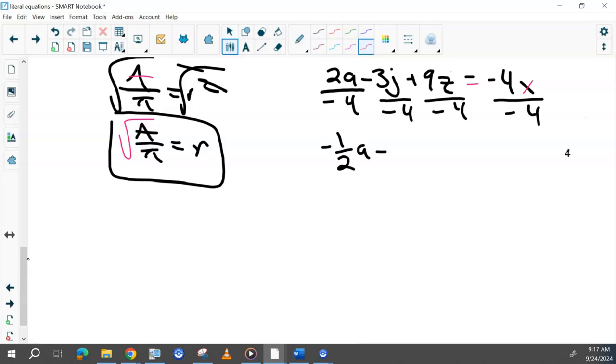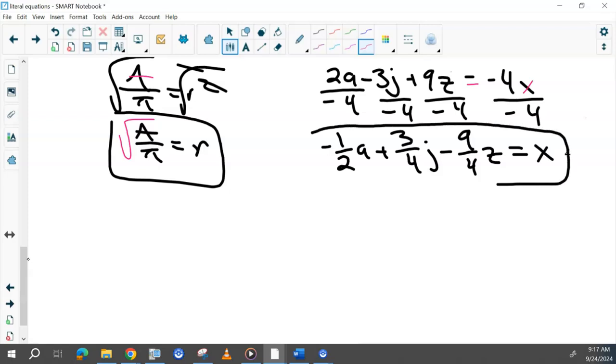This would become a positive 3/4 J. This would become a negative 9/4 Z equals X. There were only 2 steps. It's just a lot of fractions, so it looks complicated.